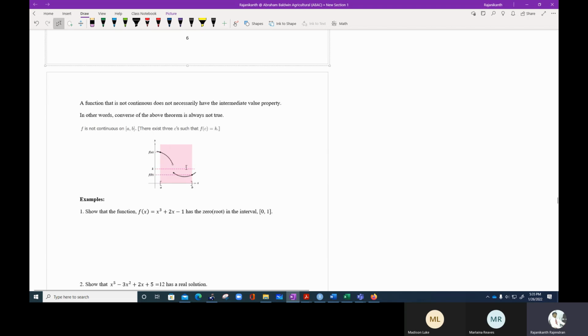Even though you could find one point where the function is defined at that value, the function is not necessarily continuous. So only one way is true, the other way is not always true. That is explained in this picture.